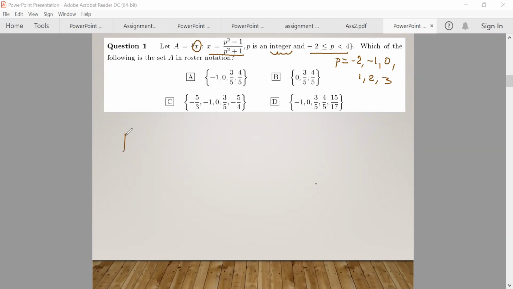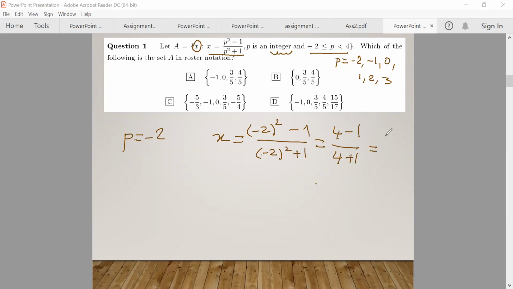So for p equals -2, we calculate x: (-2) squared minus 1 over (-2) squared plus 1. That gives 4 minus 1 over 4 plus 1.